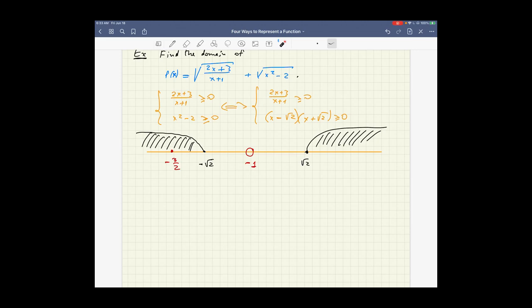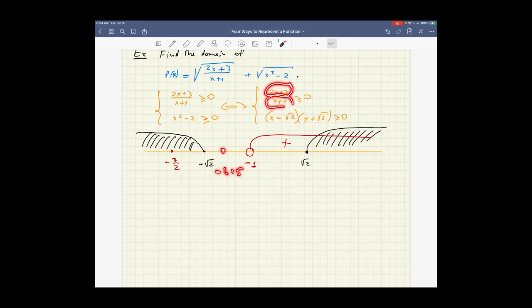And we can easily find when this happens. Definitely when x is strictly greater than negative 1. Take 5, for instance. The numerator is positive and denominator is positive. In between the roots, say you can take negative 1.25. This number, 2x plus 3, will still be non-negative, or actually positive.